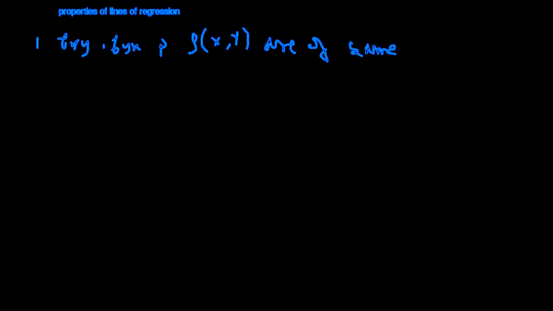Let me start first. Your first property, that is your bxy, that is regression coefficient of x on y and regression coefficient y on x, and your correlation, that is rho x comma y, are always of same sign.